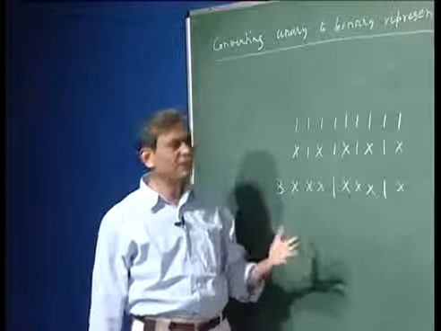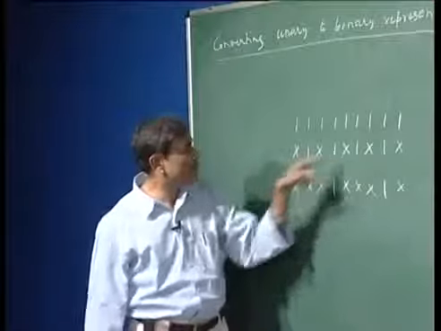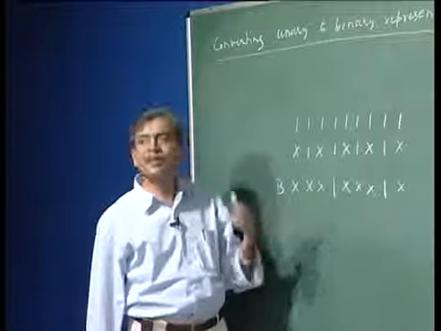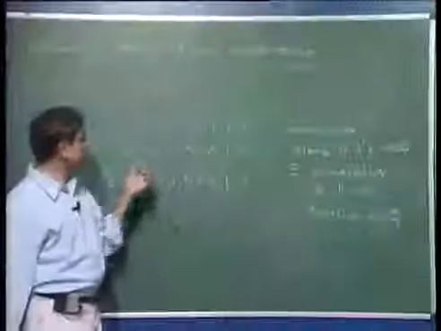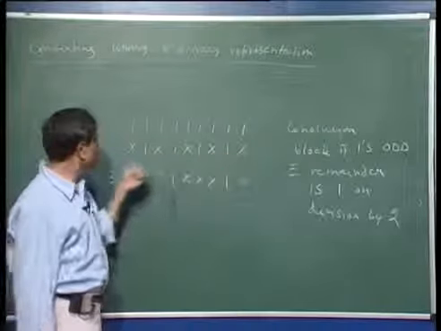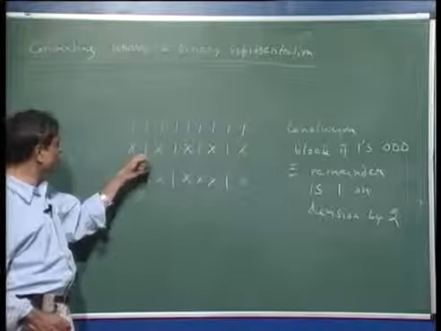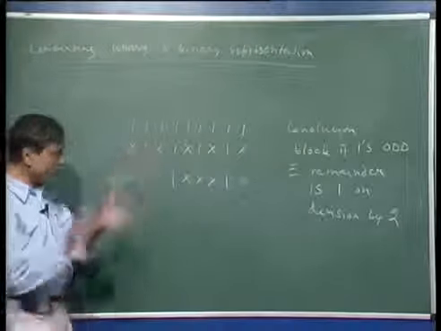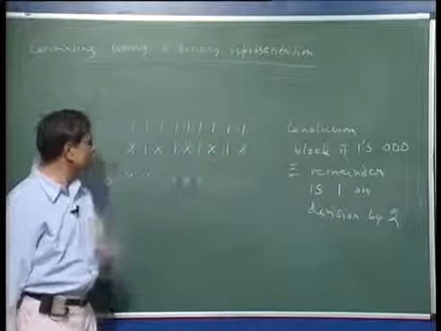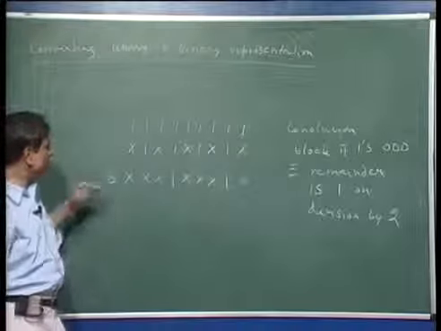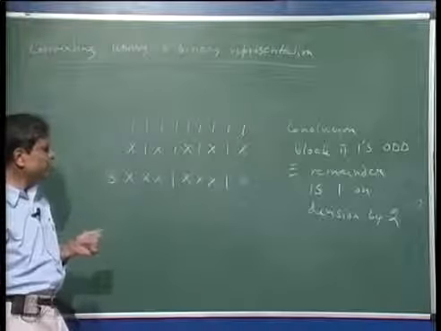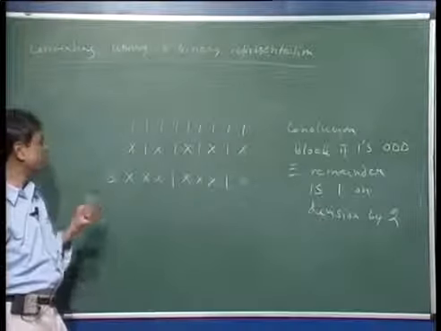So, in that case we know the remainder of the division by 2 of the block of ones remaining here is 0, because the number of ones in this case is even. We could manage to pair up each one, this one paired up with this particular one, and therefore the remainder of the division by 2 is 0.